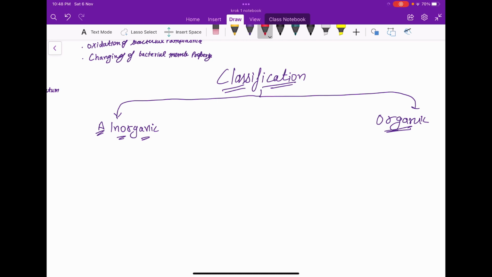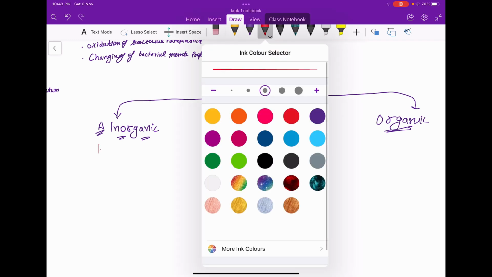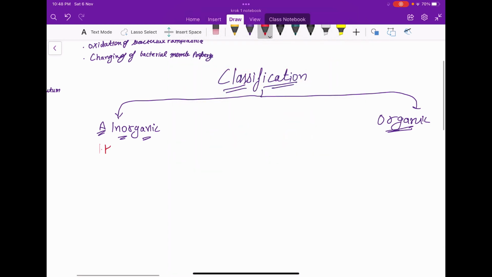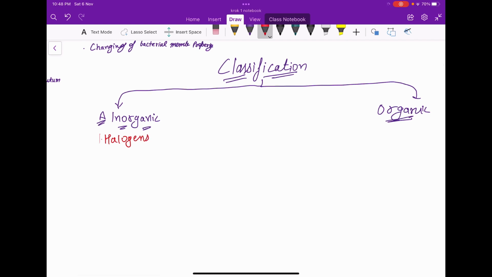The first one is halogens. Next are oxidizing agents.